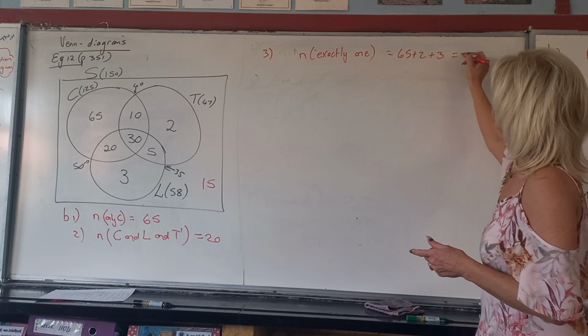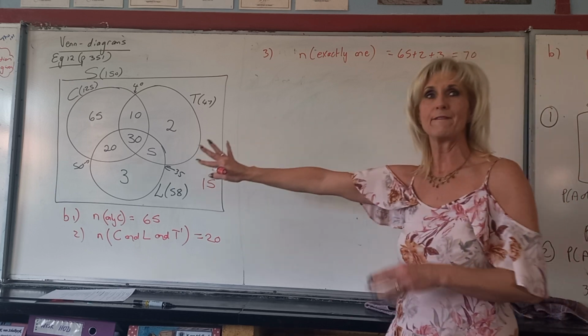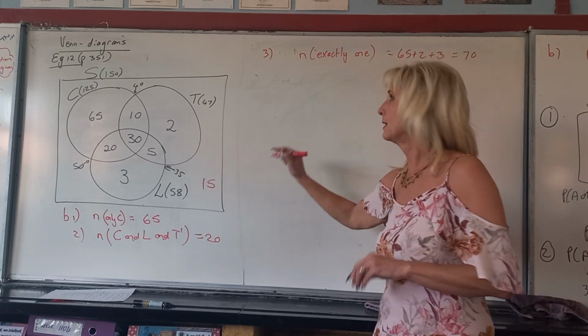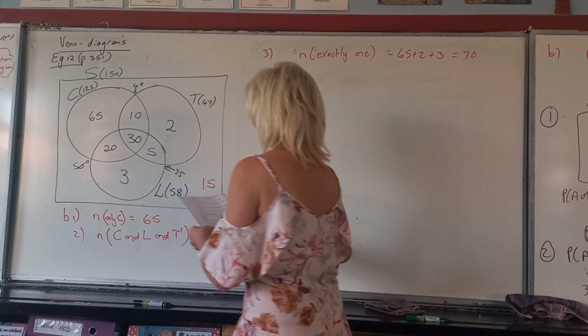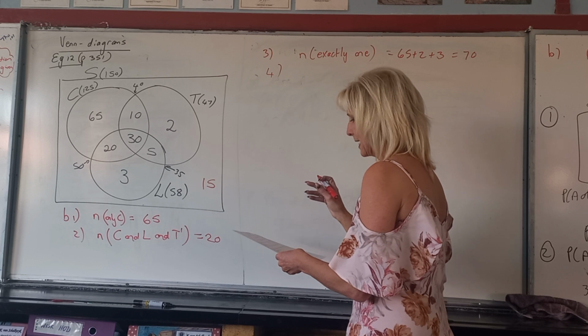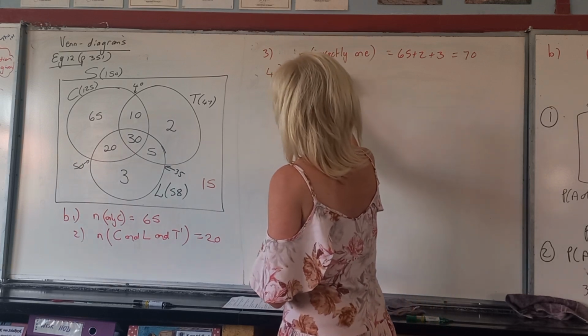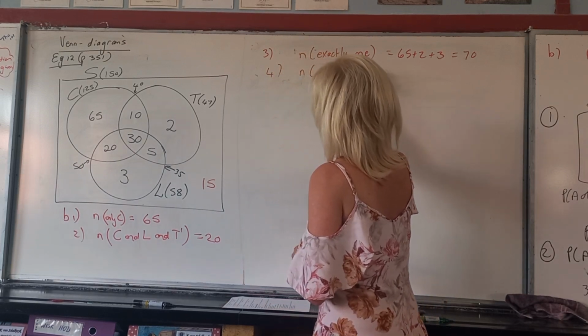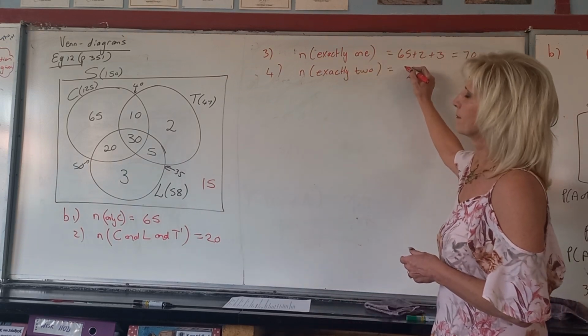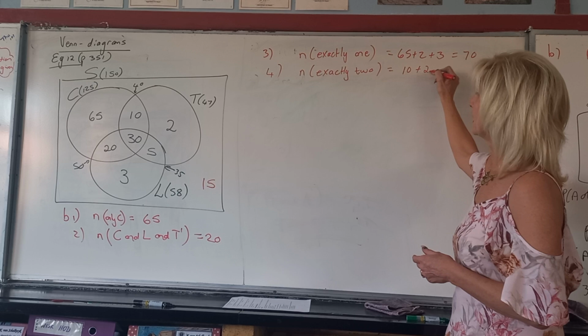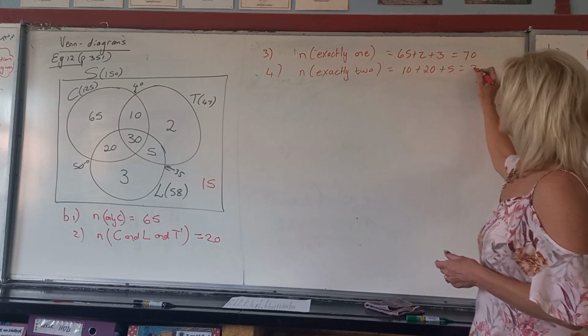And that gives you? 70. So 70 of them have exactly one of the devices. Number 4, how many of the kids have exactly 2 of the 3? Which would be 10, 20, plus 5, giving me 30.